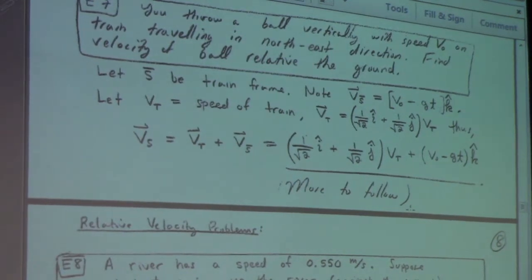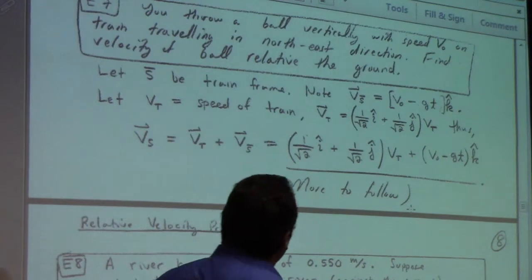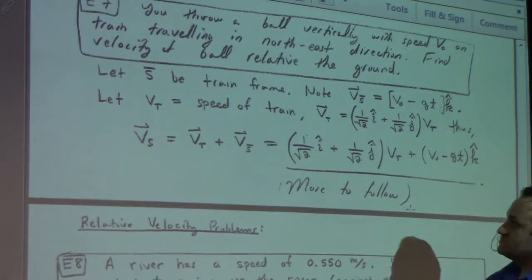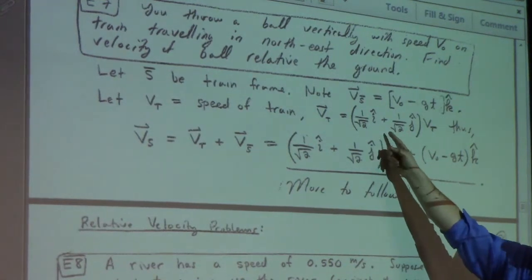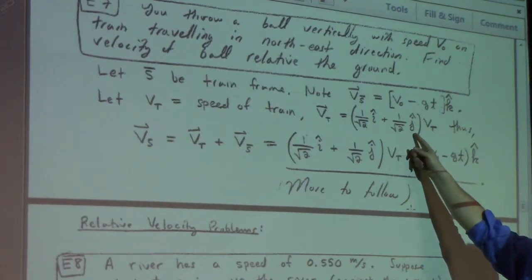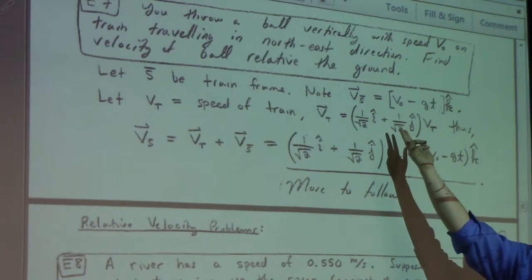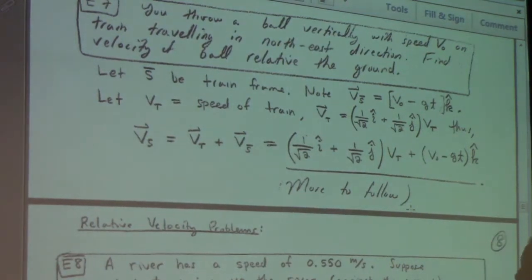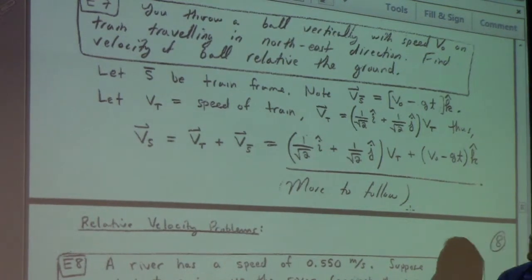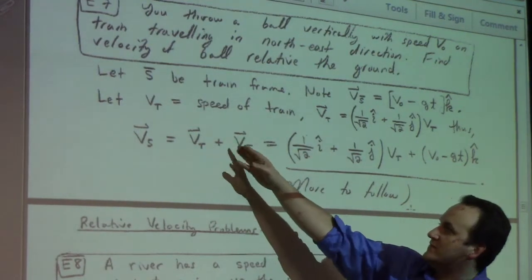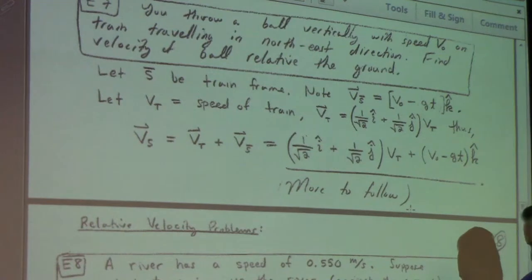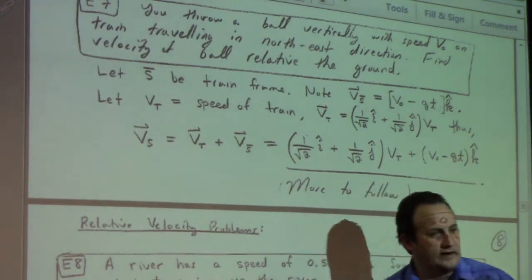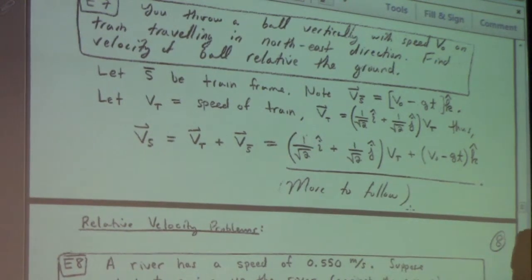So that's the basic idea, and here's the math of that. The velocity of the train going in the northeast direction would be 1 over root 2 i hat plus 1 over root 2 j hat. That's a unit vector in the northeast direction. And so the velocity relative to the ground would be the velocity of the train plus the velocity of the ball relative to the train. What's happening to the ball relative to the train?